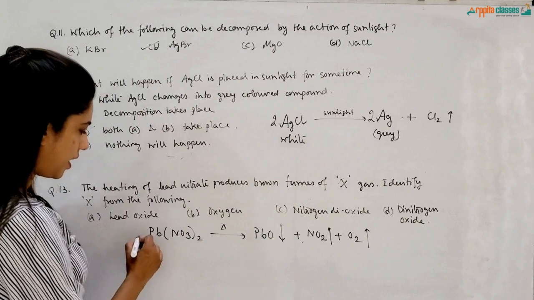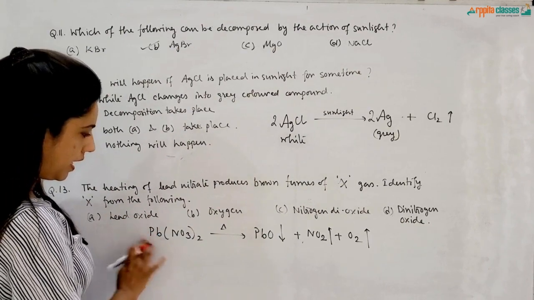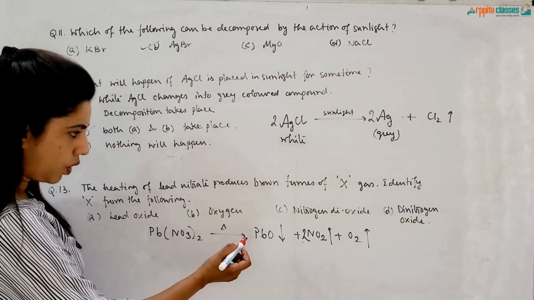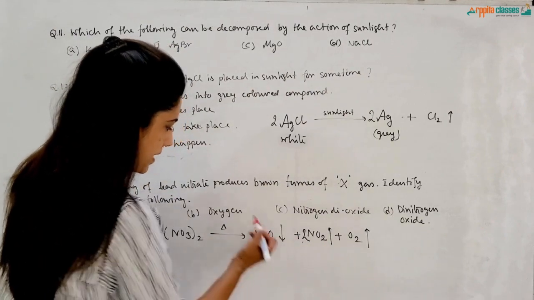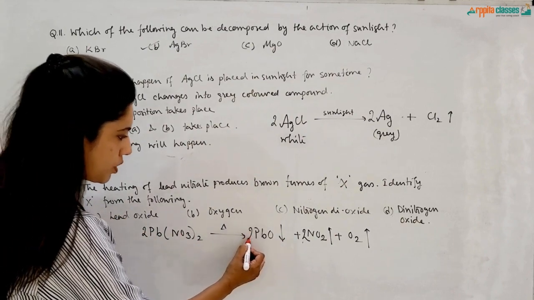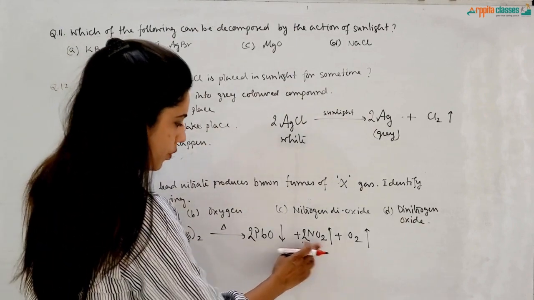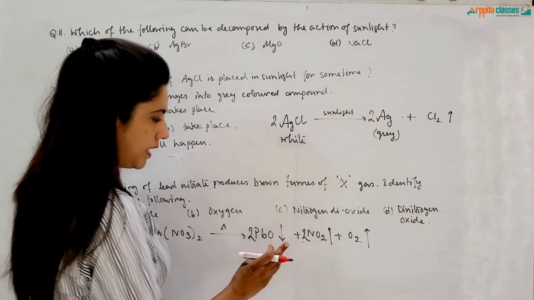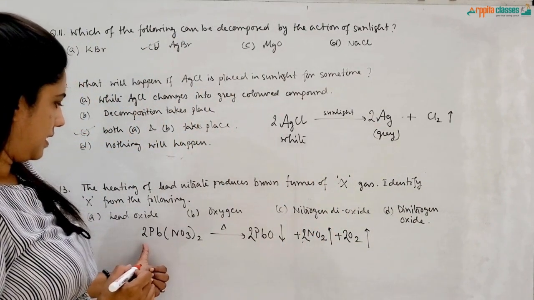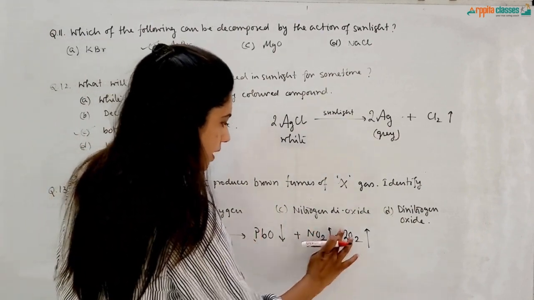But let us balance this equation. Pb(NO3)2 will give you PbO plus NO2 plus oxygen.